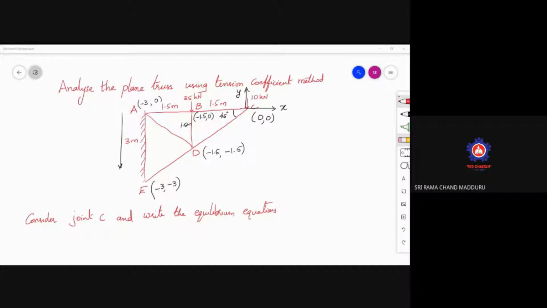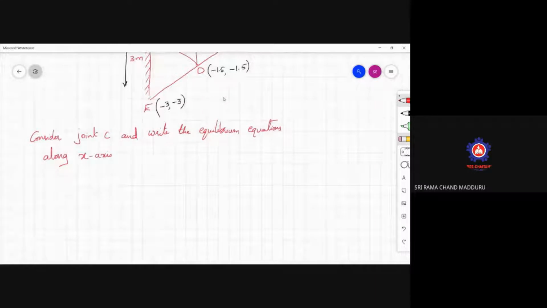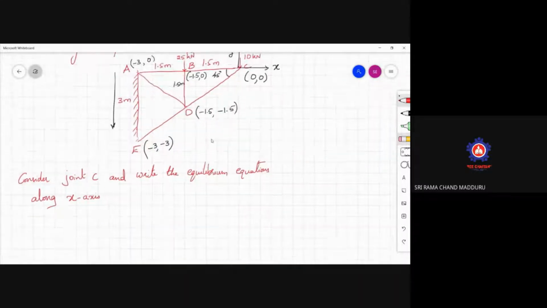To write the equilibrium equations along the x-axis, first mention this as joint C.